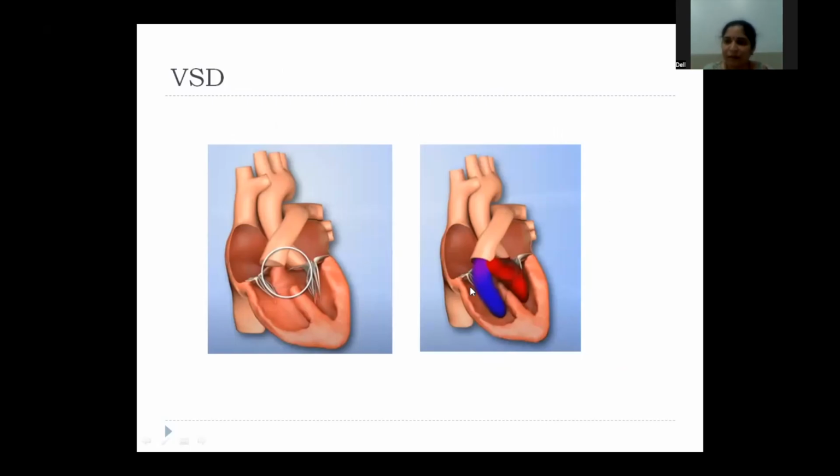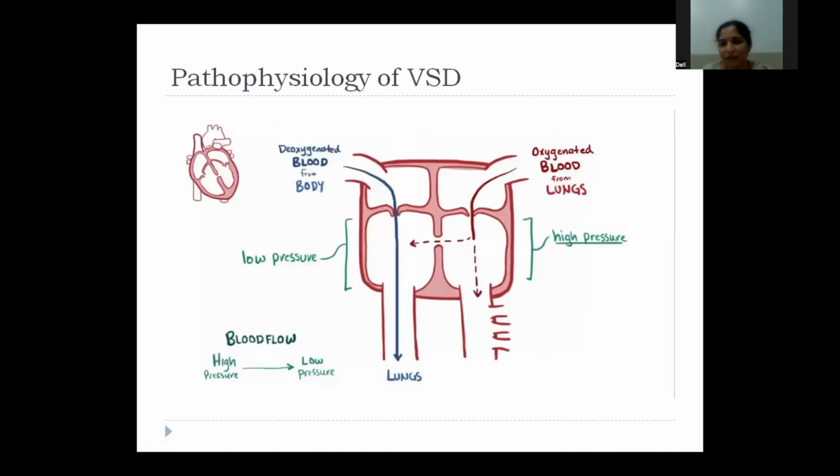The difference between ASD and VSD is that in ASD the mixing is at lower pressures, but in VSD the high pressure chambers are involved. So the blood from the high pressure LV goes to the RV and through the RV into the lungs. Both are in systole, so the direct gush of blood goes to the pulmonary artery, and the pulmonary artery has to face the systemic pressure.